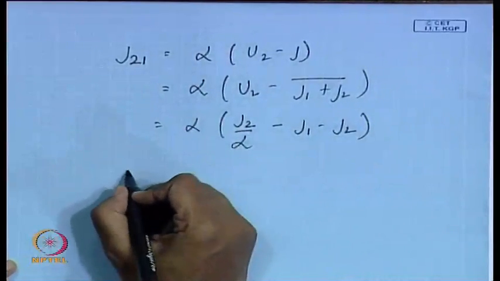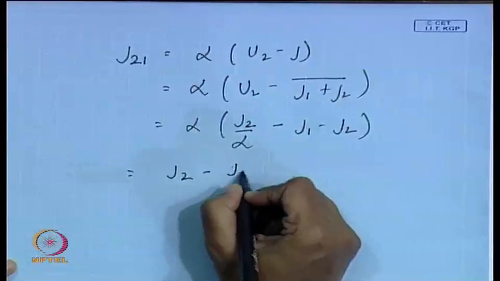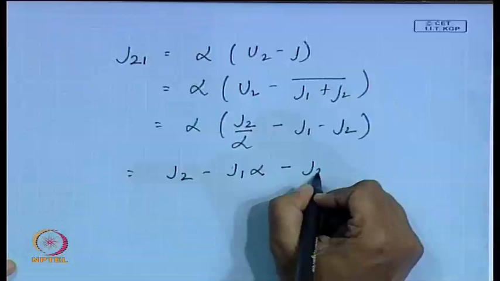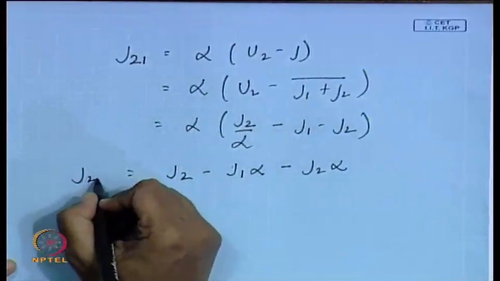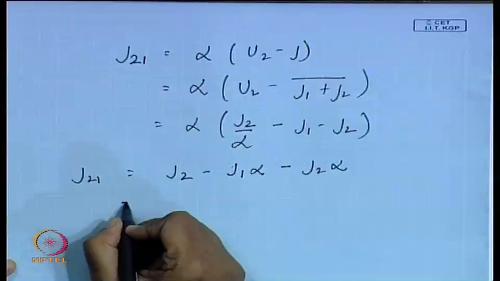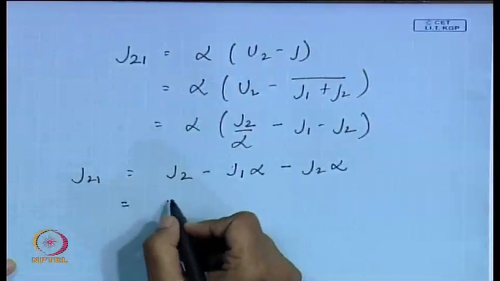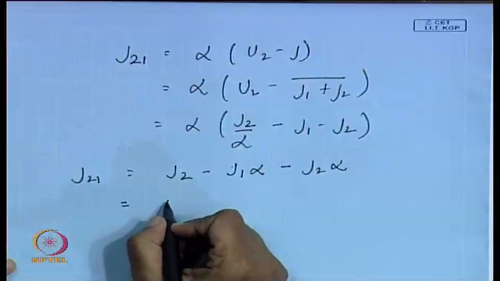Okay. So, from here what do we get? J2 minus J1 alpha minus J2 alpha equals J21, or in other words we can get it as, in fact, without doing so much I could have got it, to be very honest.